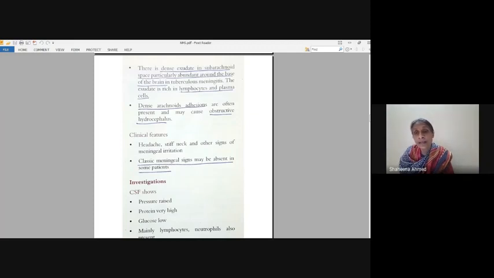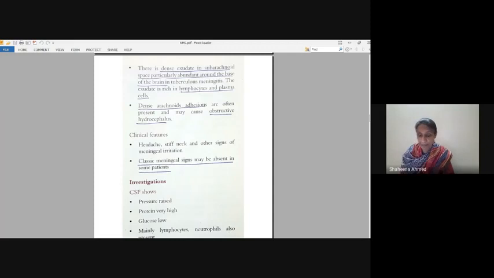The dominant cells here are lymphocytes and plasma cells, which are the dominant cells we see in any chronic inflammation. This dense exudate with fibrosis can form adhesions in the subarachnoid space. And when these adhesions form, we get obstructive hydrocephalus.